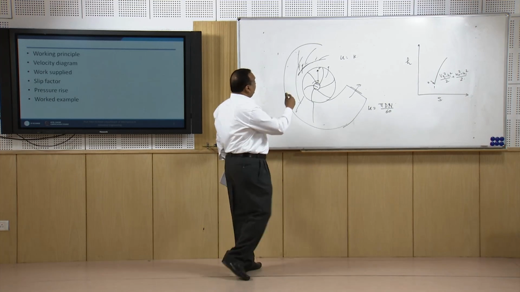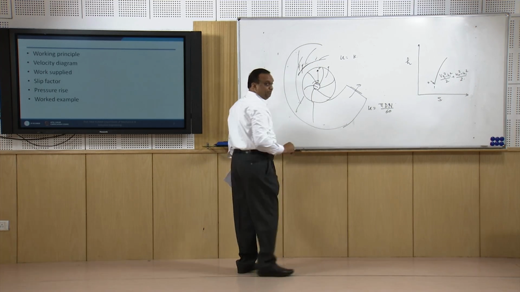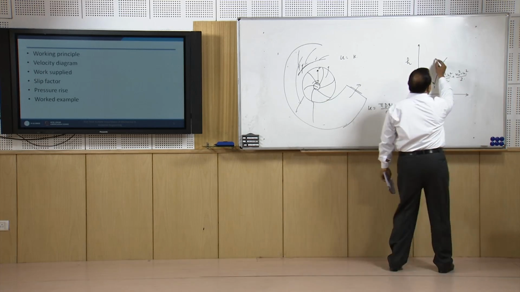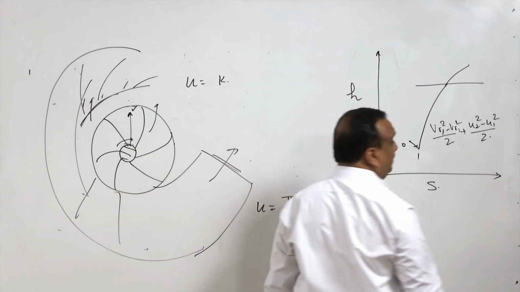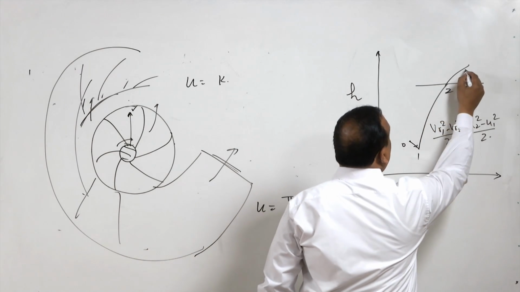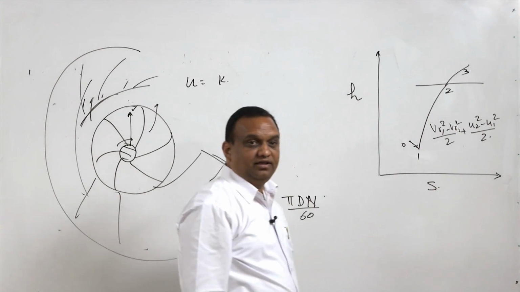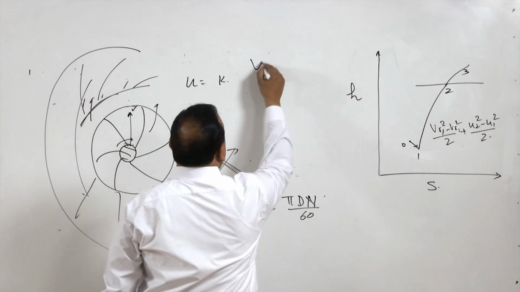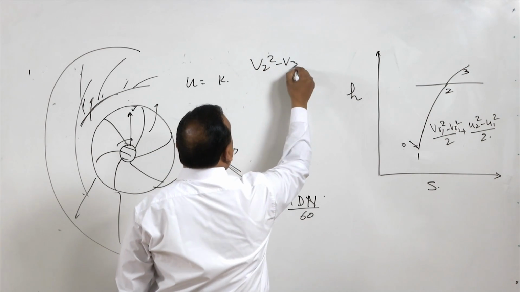So, this kinetic energy is converted into pressure energy in the vaneless diffuser. So, this is state 1, this is state 2, in the vaneless diffuser state 3, and this will be V2 square minus V3 square by 2.